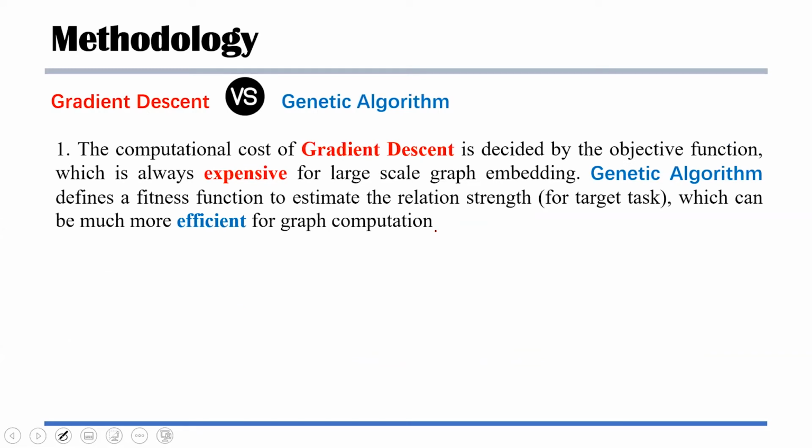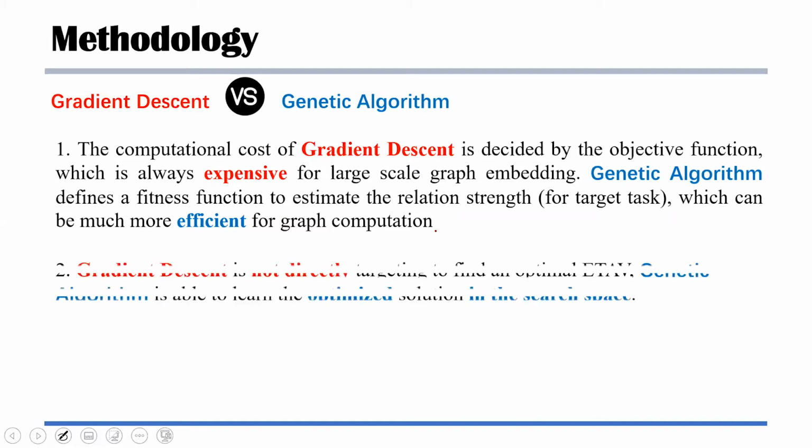Number 1 is the computational cost. For gradient descent, it is decided by the target optimization function, which is always kind of expensive for very large scale graph embedding. But the genetic algorithm defines a fitness function to estimate the relation strength given the target task, which can be much more efficient when the graph size is very big.